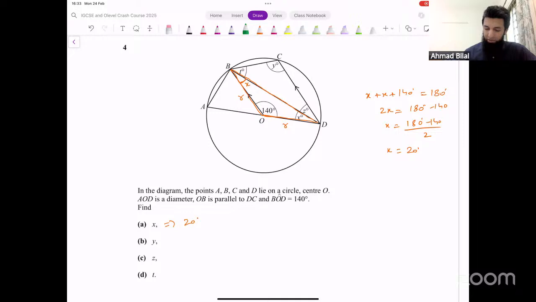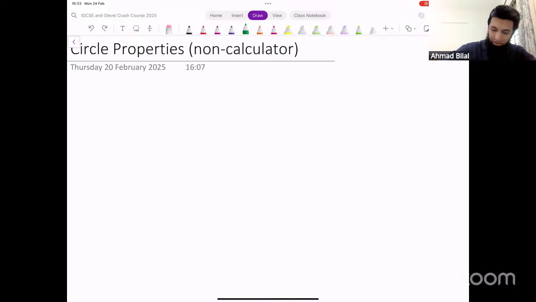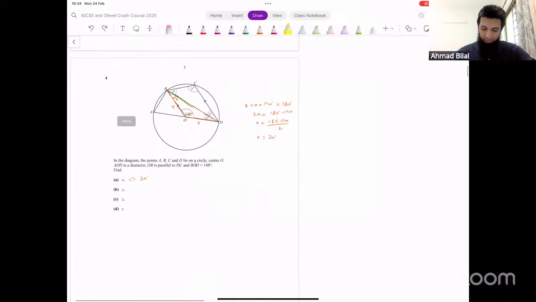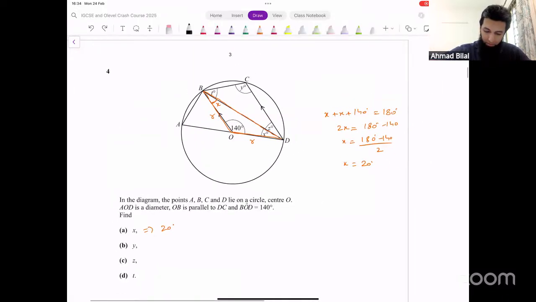One thing that I'm thinking of is that we have this chord BD. Let me highlight that. So we have this chord BD. This chord is making an angle at the center.